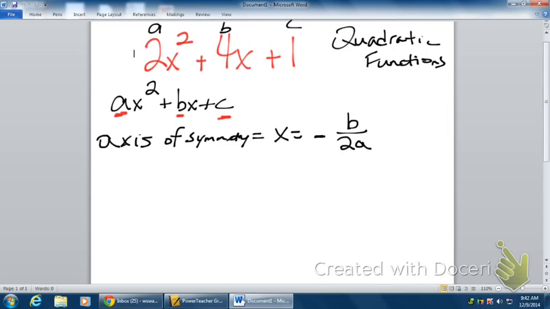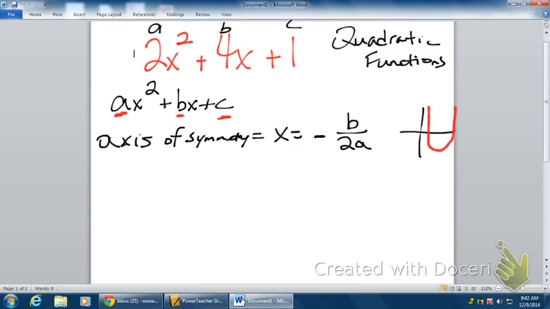Let's just talk about this axis of symmetry and what it actually means. Okay? What this means is, if we had a graph, I'm just making this one up. Let's say it was something like this. The axis of symmetry is essentially the middle of it.